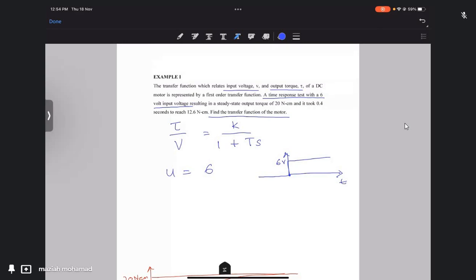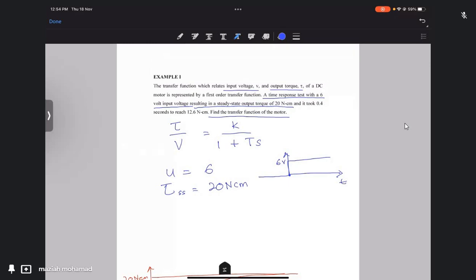The second information is resulting in steady state output torque of 20 Newton centimeter. So we can write torque at steady state is equal to 20 Newton centimeter.